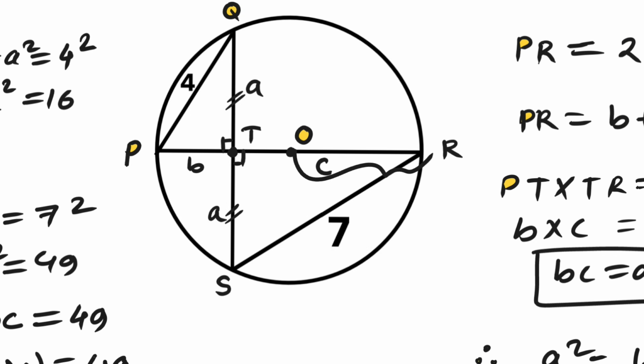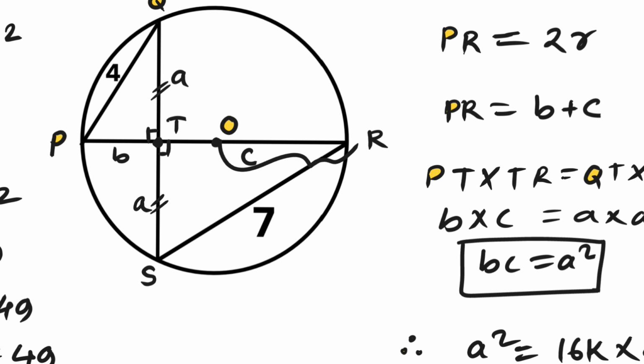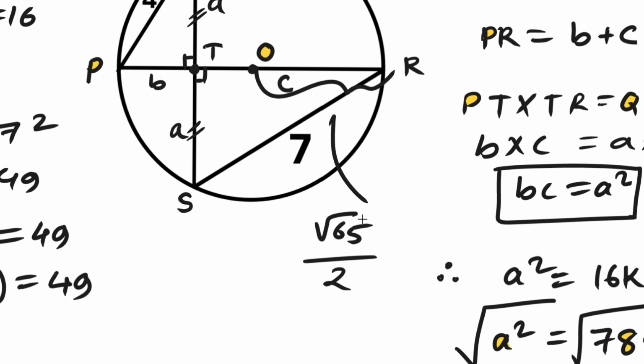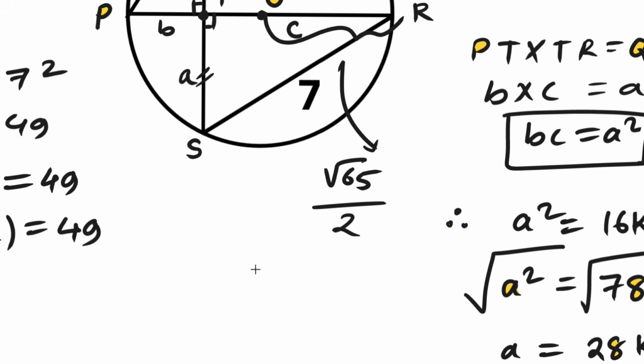Therefore, the square of the diameter is 65, meaning the diameter itself is square root of 65. Once again, the radius is half of that. So the radius is square root of 65 divided by 2, which is approximately 4.03 units.